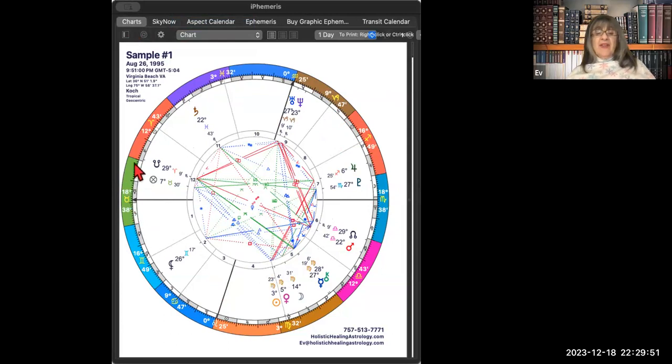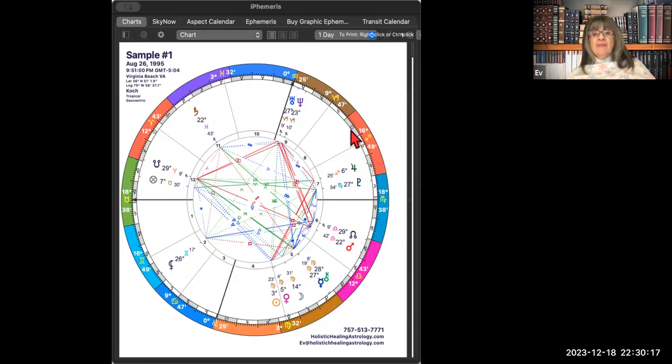We have the signs that start at 0 and go to 29:59 minutes, all the way around. These are denoted by their corresponding color. These are the signs. They go all the way around, and they're always 30 degrees.